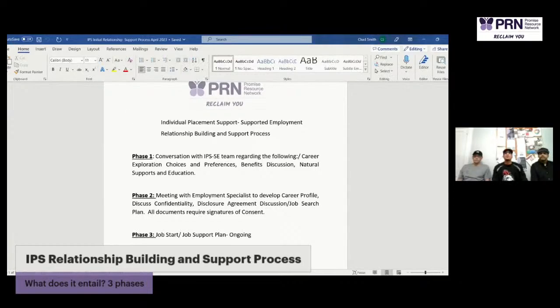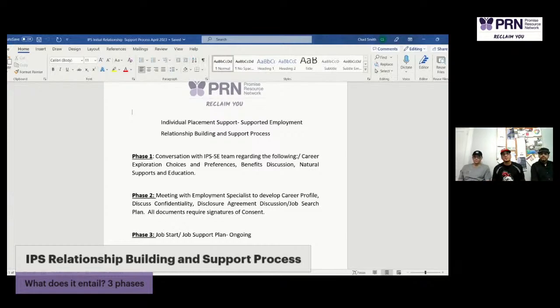When a person comes into our space, we have a conversation about the IPS team and what IPS stands for, individual placement support slash supported employment. We give our pamphlet and talk about what we do. We also talk about our eight principles, and a little bit about fidelity.